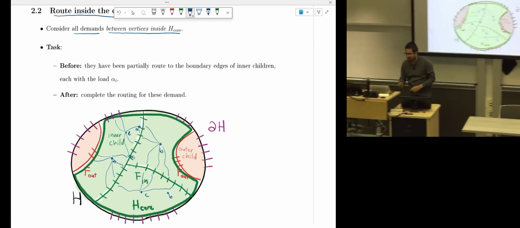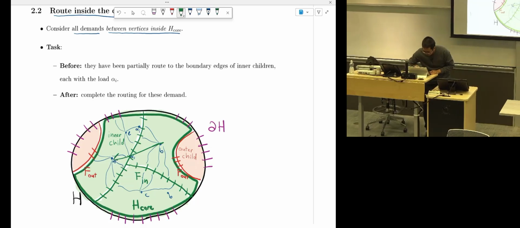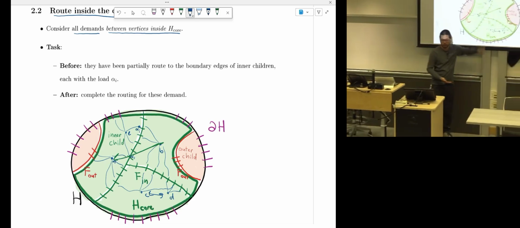Let's say we want to route between A and B, and maybe between C and D. Just route between them, okay? We need to finish this routing, connect them.